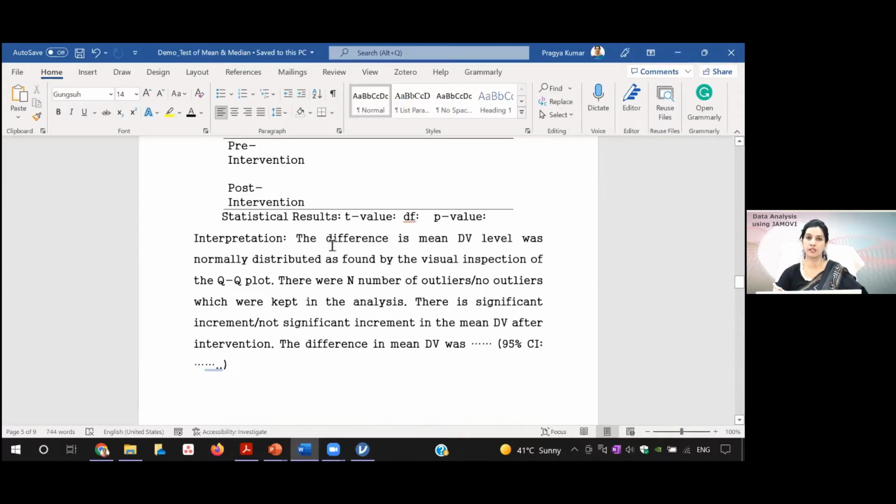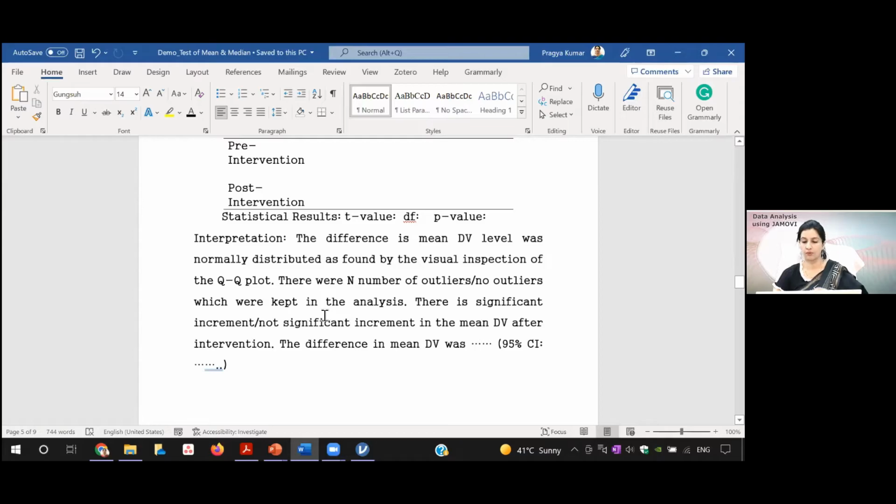You have to write that the difference in the mean, in this case, maybe the SpO2 or CRP, the dependent variable, was normally distributed as found by the visual inspection of QQ plot. So you can write here, I have written the difference in mean level across this pre-post was significant.